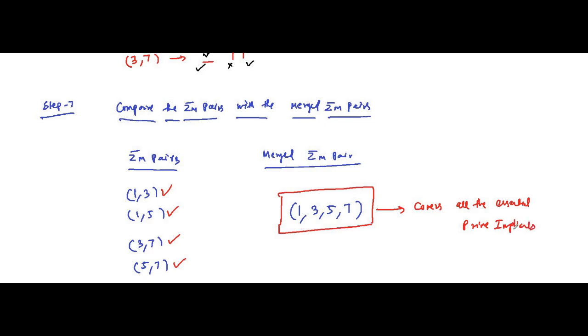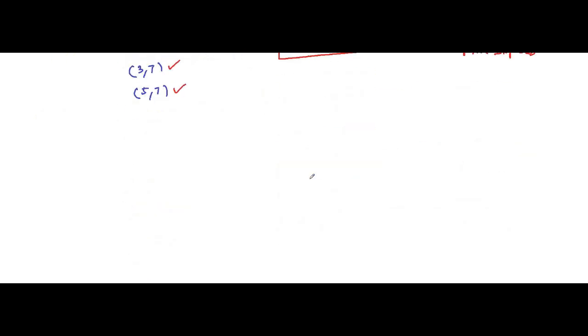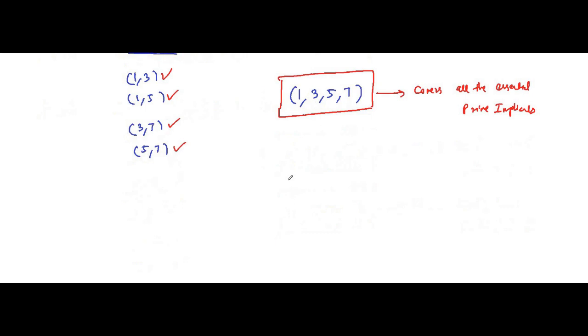Okay, let me give an example to make the point clear what I am trying to say. I am giving a different example here, different from this. Just get out of this question for 1 minute.